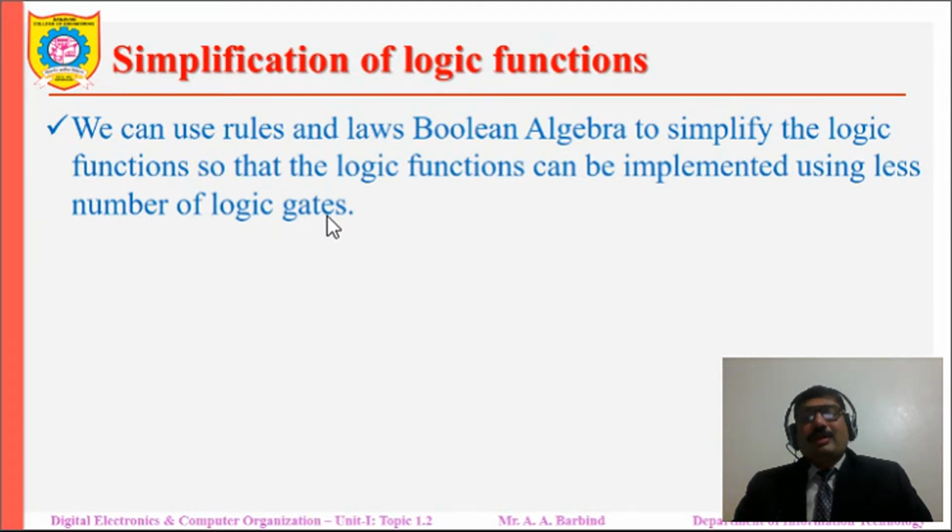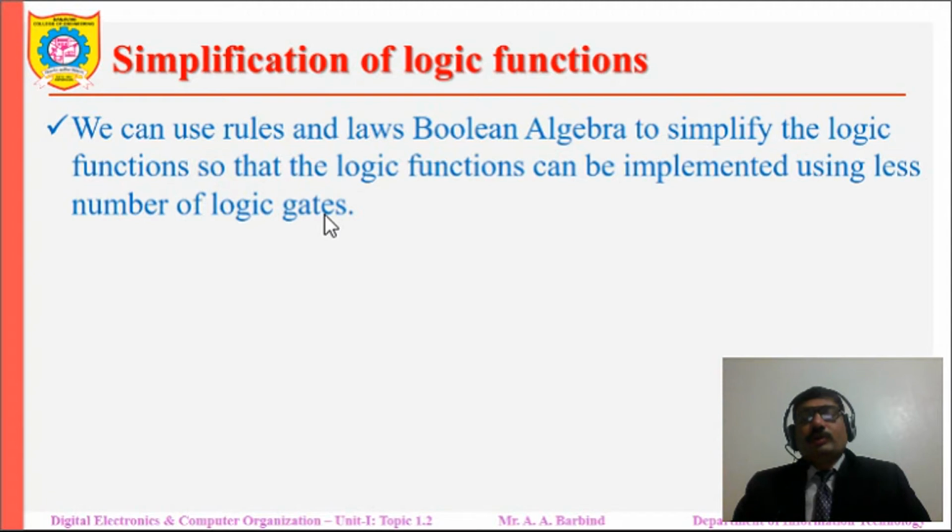If there are more number of logic operations in a logic function, then more number of logic gates would be required. If we simplify this particular logic function, then the logic operations in that logic function will be less and less number of logic gates would be required.